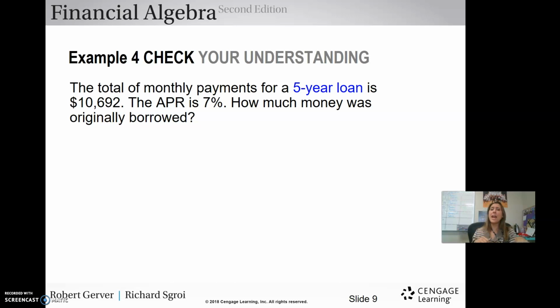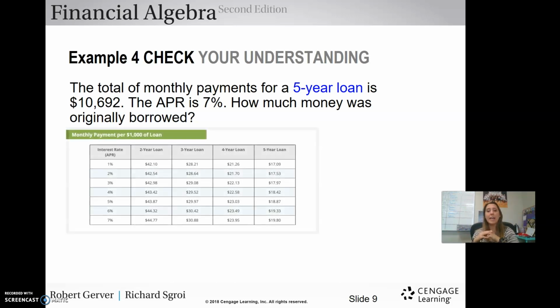All right, so now we're going to think about this a little bit backwards. If we know our total payment for a 5-year loan is $10,692, and we know our APR is 7%, but we want to know how much we originally borrowed. Well, we're going to take what we've been doing and put everything in what we would pay. If we use Y as our unknown, our original amount borrowed, we could put it in.